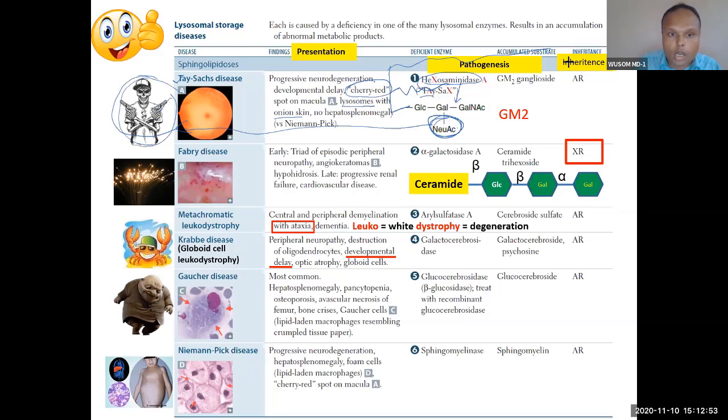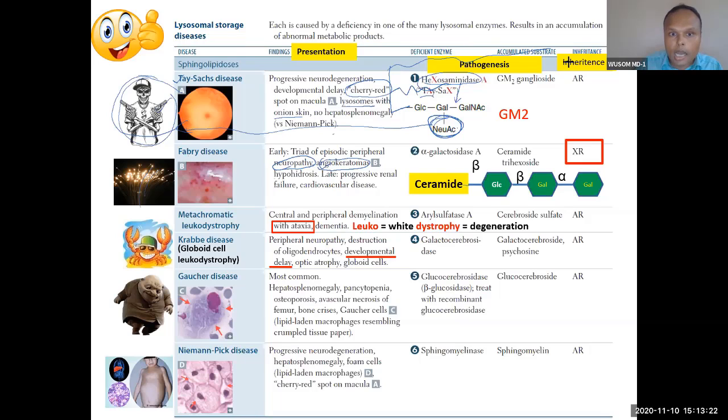Now let's talk about Fabry disease. Remember this is fiber, like a burning fiber, a lighting fiber. This fiber emits light, and that will cause pain, this triad. It will cause neuropathy, burning the nerve. It will cause angiokeratosis, a problem with the blood vessels, angio meaning blood vessel.